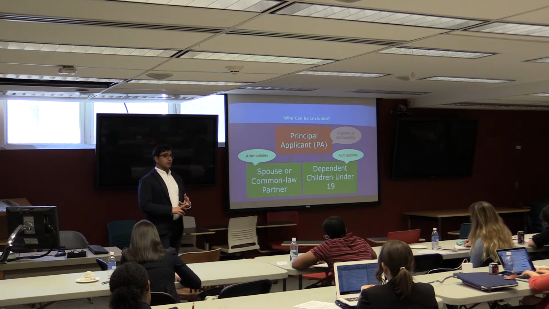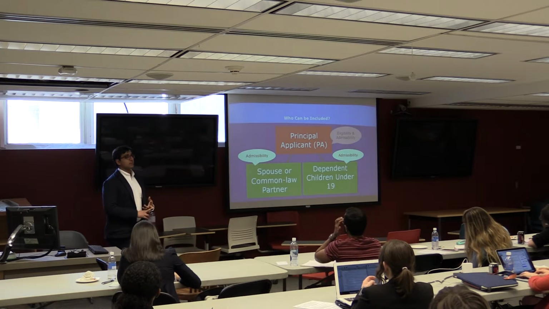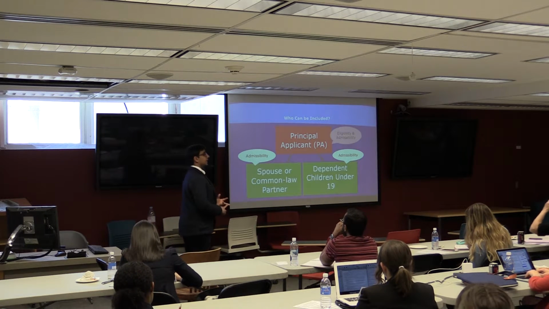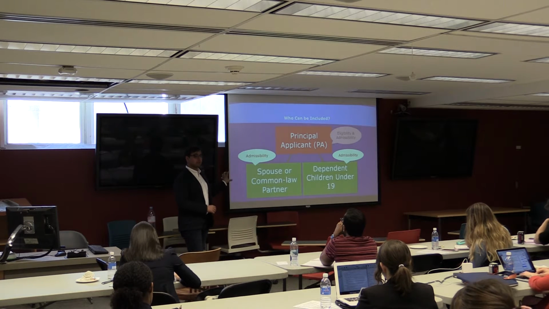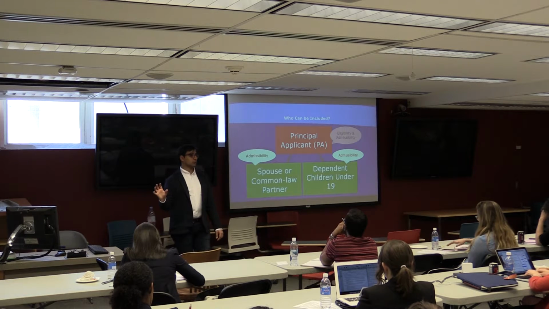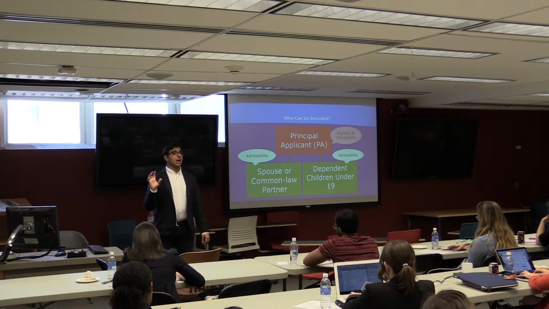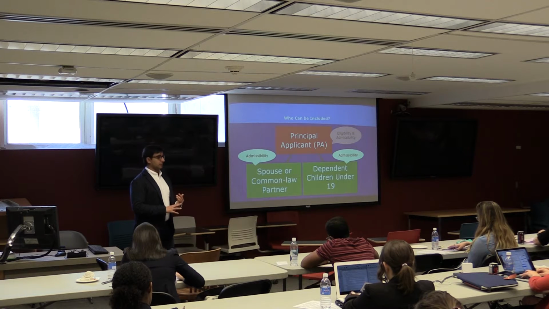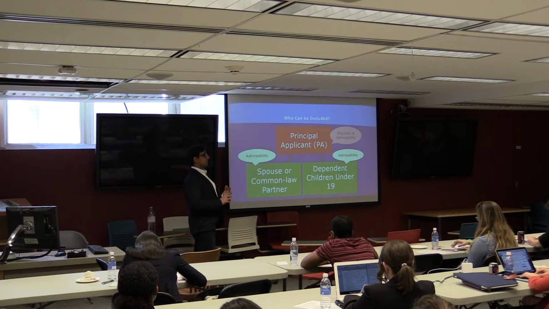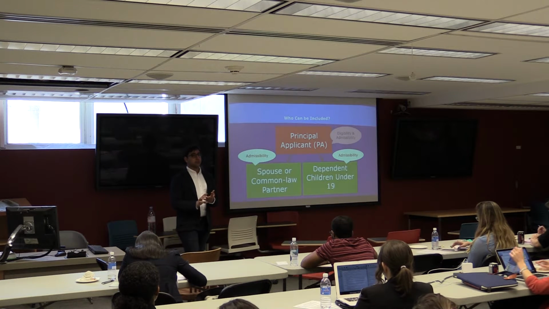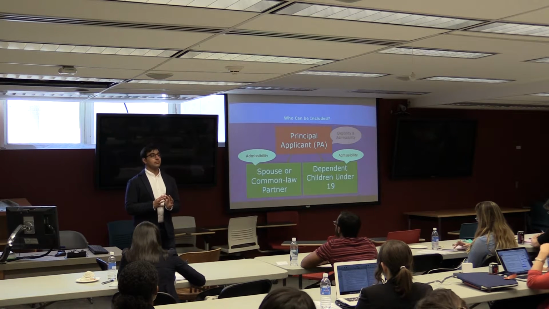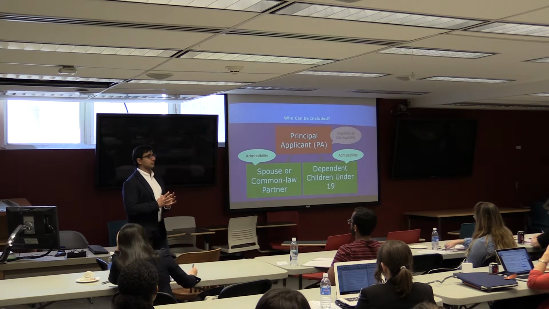In the situation where you have children that are over the age of 19, they cannot be included on the same application package as the rest of their family. They would have their own application package. So for example, if you have a family of 5, you have the father as the principal applicant and his wife, and then you have one child that is under the age of 19 and 2 children that are over the age of 19.